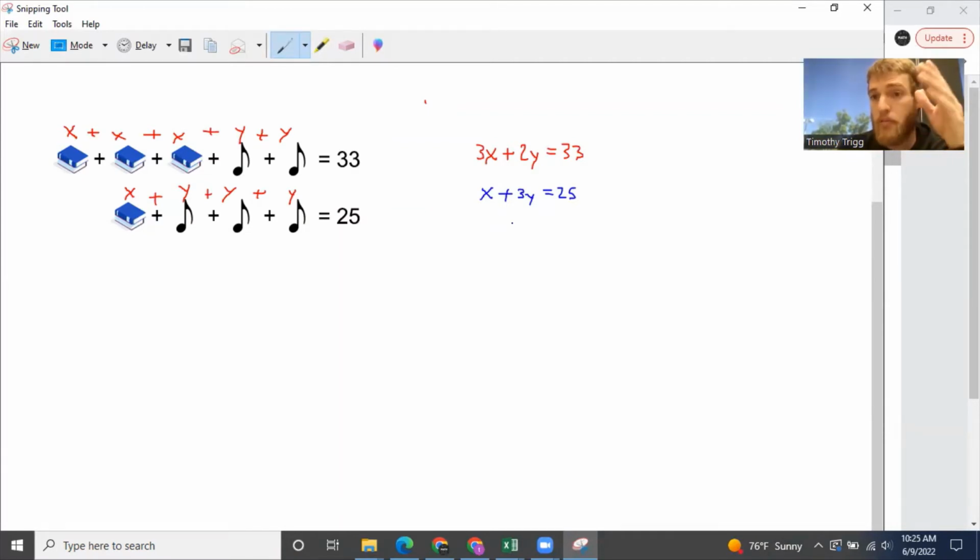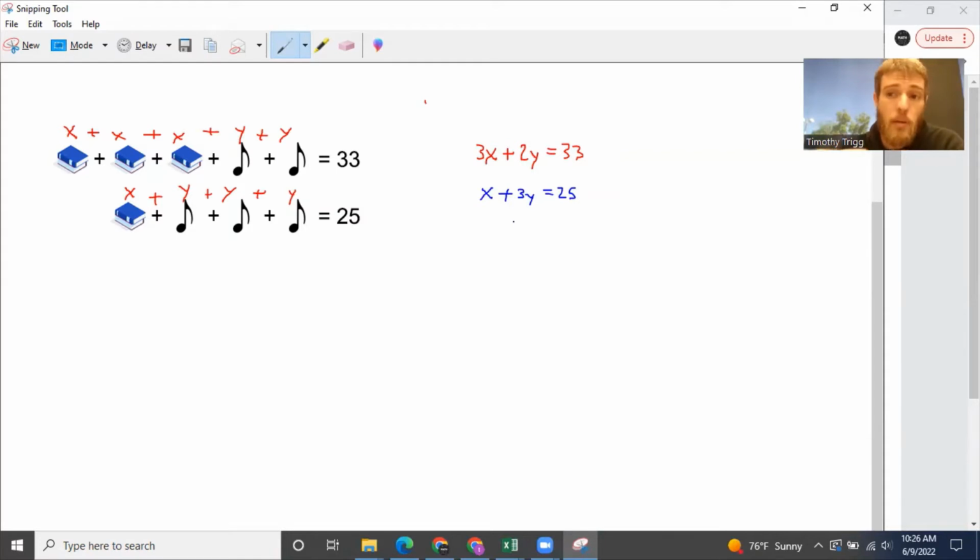Remember, they both said y equals. So we had a variable by itself, right? We had y all by itself in the previous example. Well, in this example, we don't have a variable all by itself. We don't have something that says x equals or y equals. Instead, we have x and y together for both equations, right?